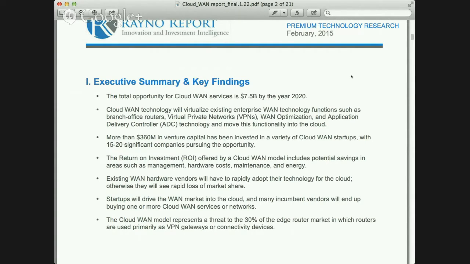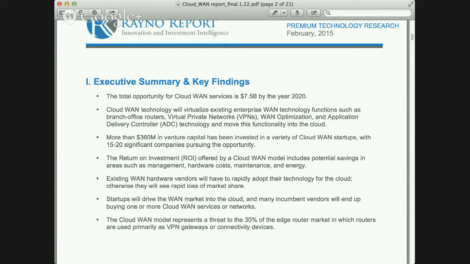The next bullet point, these are just some of the technologies I talked about that you find in the WAN. In the old world, let's call it the hardware-centric world, what you usually got was a box with all these. So you needed an application delivery controller. You went out and shopped around for the enterprise, and you bought a bunch of F5 boxes. Or you needed a virtual private network, so you looked at the available technologies for VPNs, and you installed an infrastructure for that.